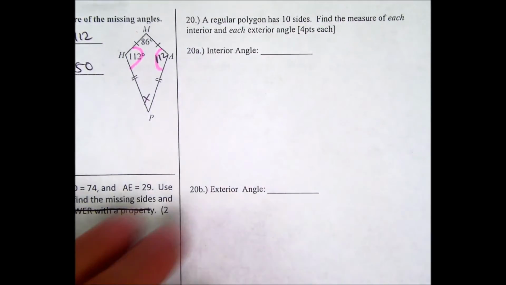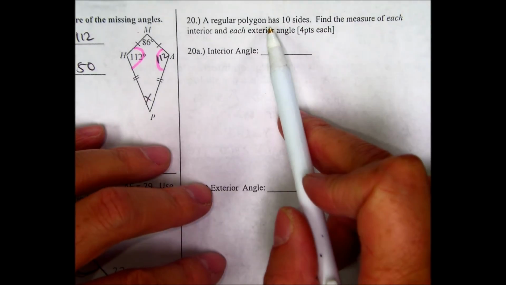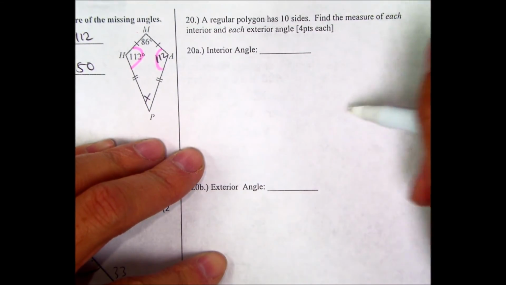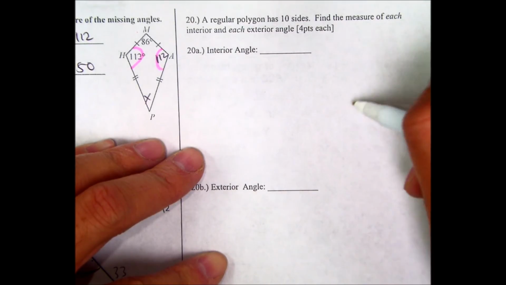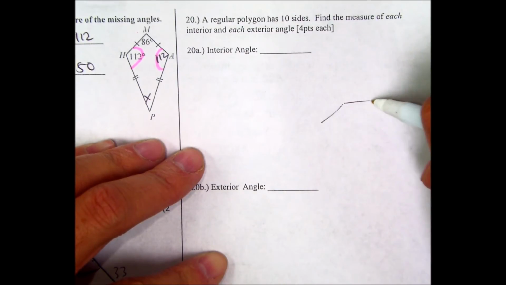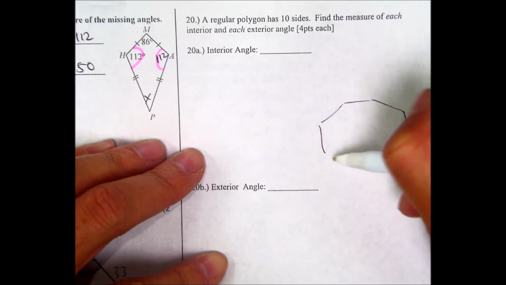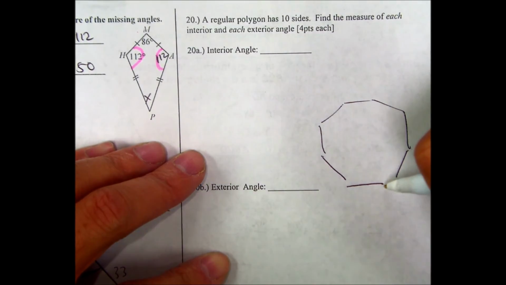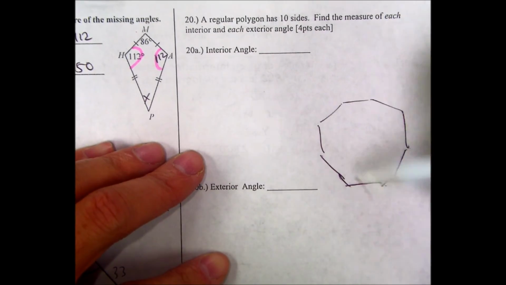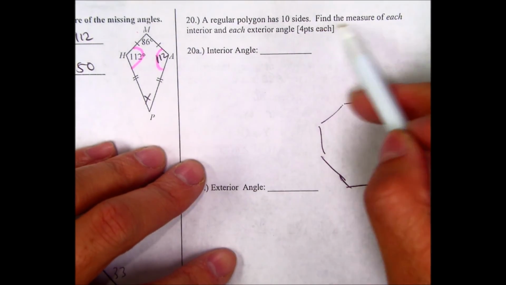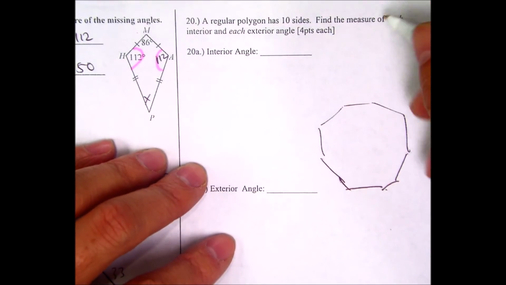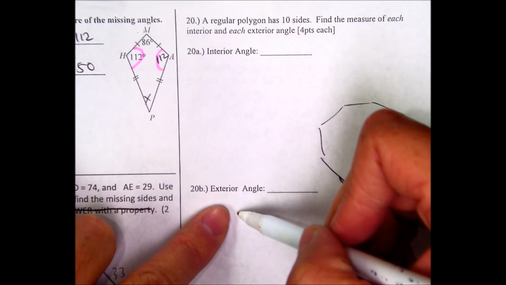Question number 20. A regular polygon has 10 sides. I try not to draw 10-sided items. Let's see, 1, 2, 3, 4, 5, 6, 7, 8. Not enough? 9 and 10. Find the measure of each interior and each exterior angle. In class we talked about how it's going to be easier if you just start with the exterior angle first.